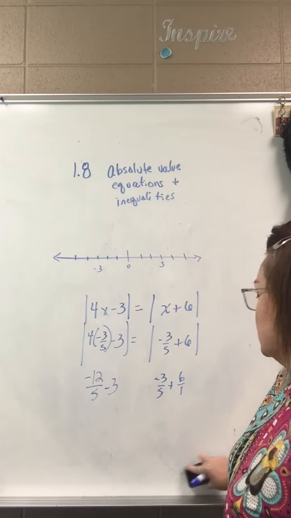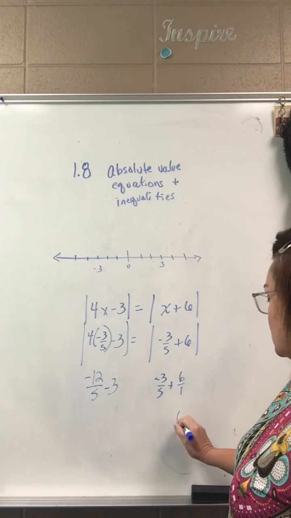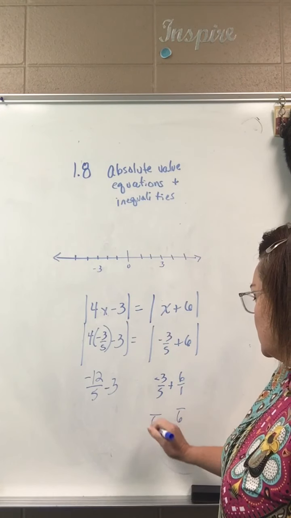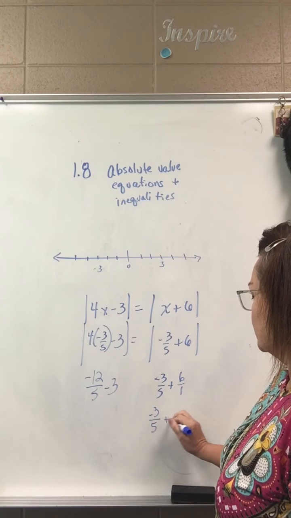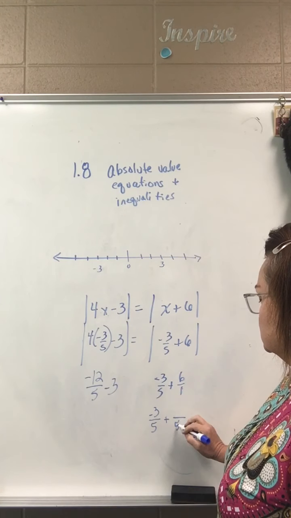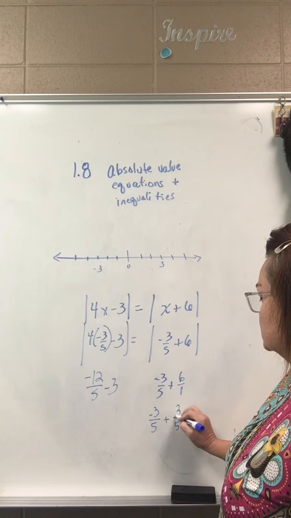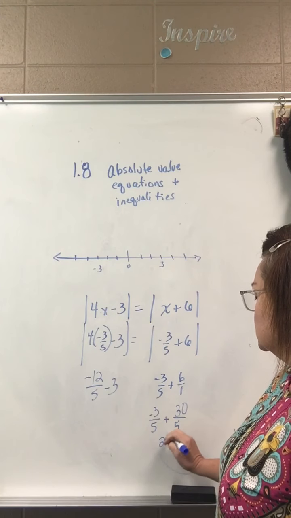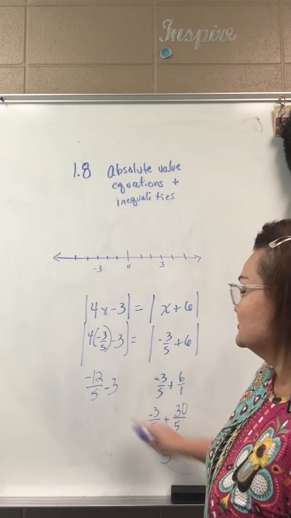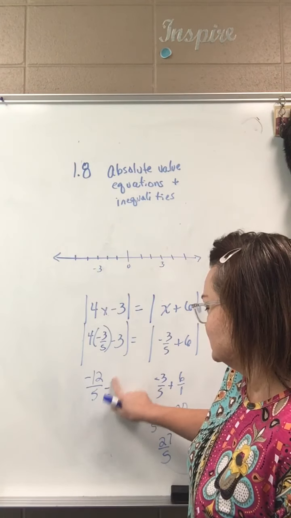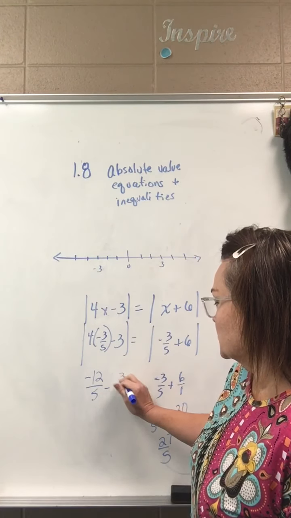If I were doing this by hand, just for the fun of it, we get denominators of 5, and this would become a 1 times 5 there, so times 5 to the top, 30. That would be 27/5. That's the number I get for this side. So this side should be the same. Let me just do this little fraction work quickly.